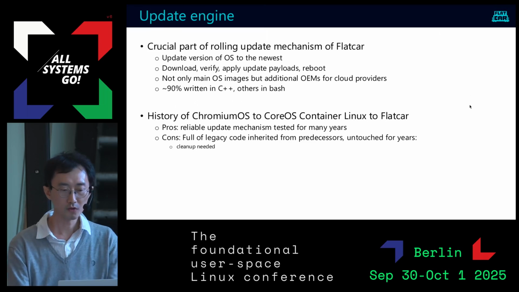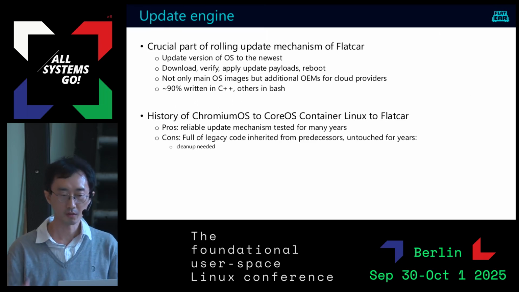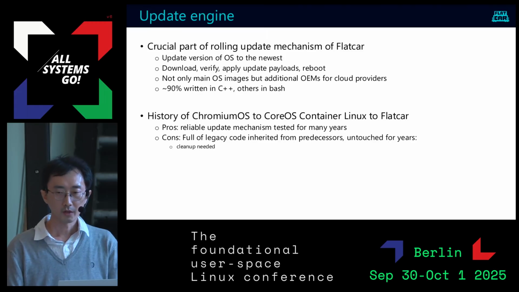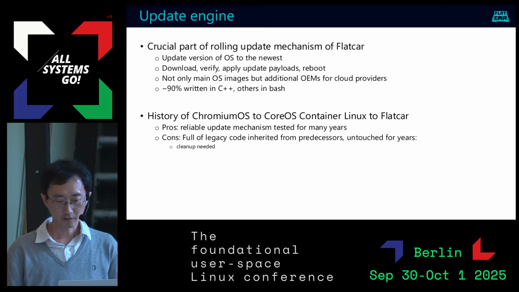Chromium OS originally implemented this update engine around 2010, and after that, CoreOS Container Linux forked that project and added some code into it, and that project also went to end of life, and that's when Flatcar took over the project. That's 2018.